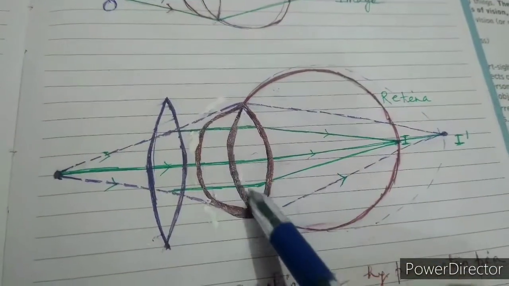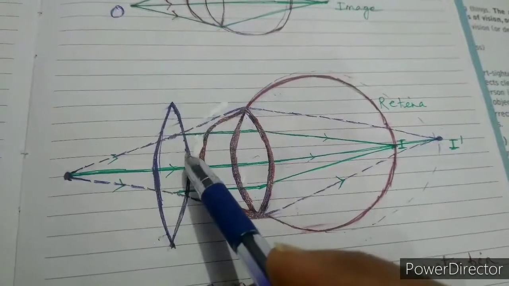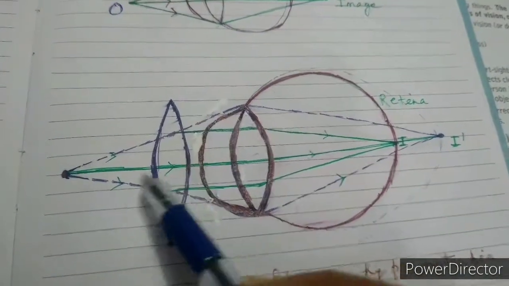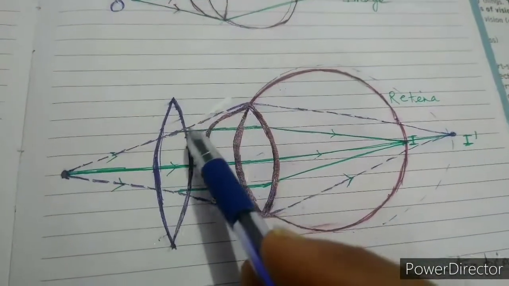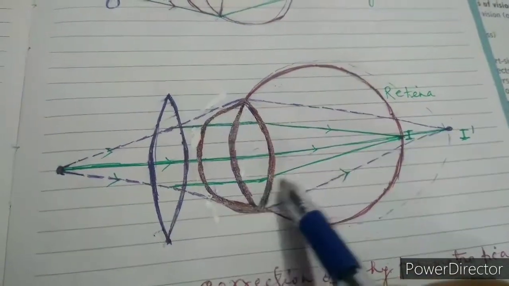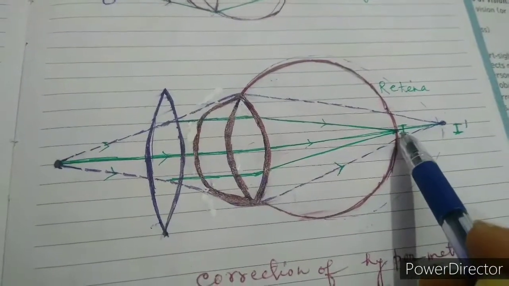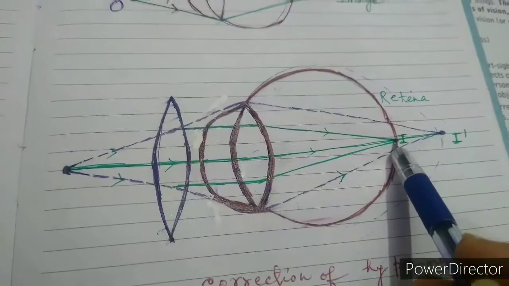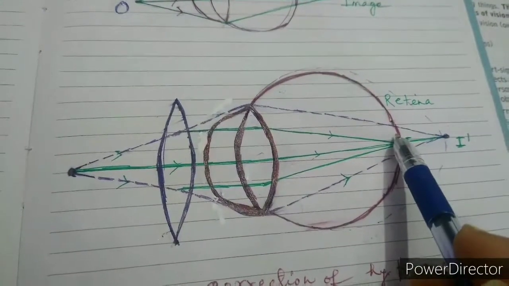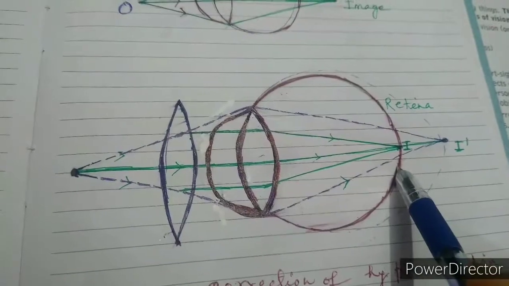And how can it be corrected? It can also be corrected by using a convex lens. By using the convex lens, these lines converge, and they meet up to here. And in this way, the image is forming at the front, means where it is required, and the person can see the object clearly. Understood?